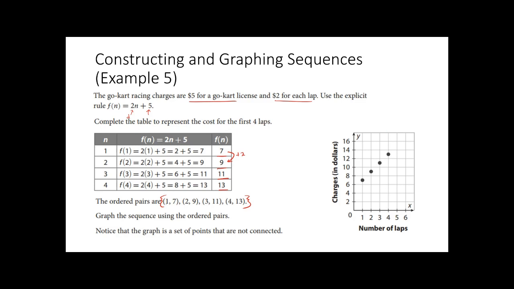So we're going to plot these ordered pairs. For 1 lap, costs us $7. For 2 laps, costs us $9. 3 laps, 11, and 4 laps, it'll cost us 13. Notice how we aren't connecting them. This is not continuous. Okay, this is a discrete graph.